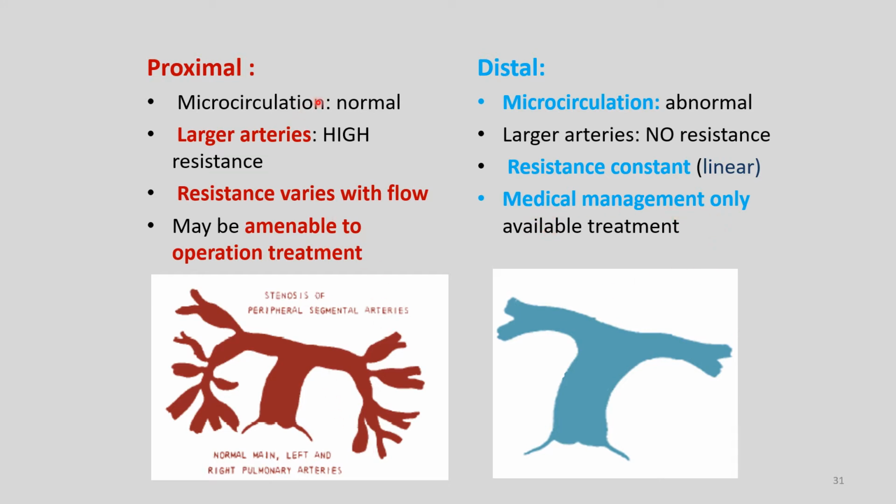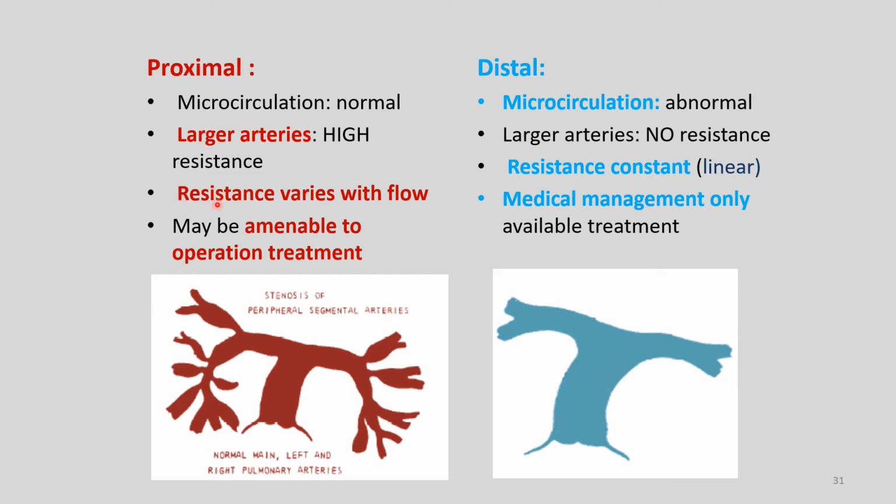Now, when you have the proximal obstruction, instead of affecting the distal microcirculation, it's affecting the conductive arteries, which are the elastic arteries, larger than 1 to 3 millimeters in diameter. In that case, as I will discuss later, the resistance in fact varies with flow. In systole, you have more flow and more resistance.